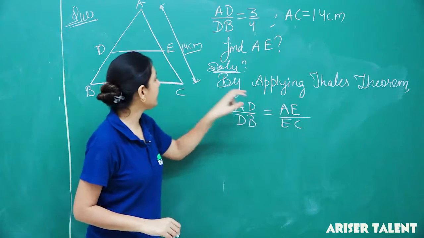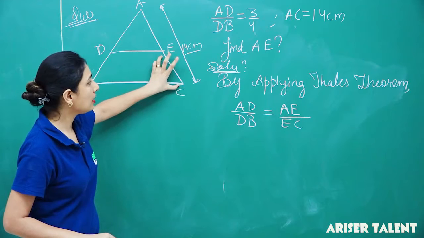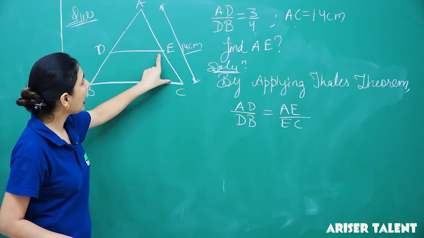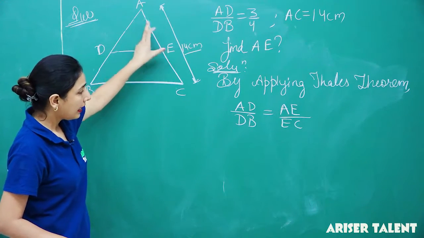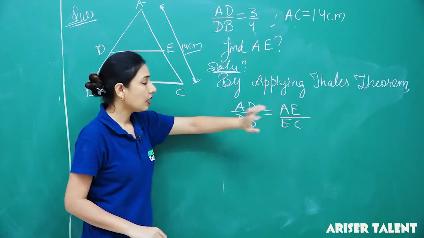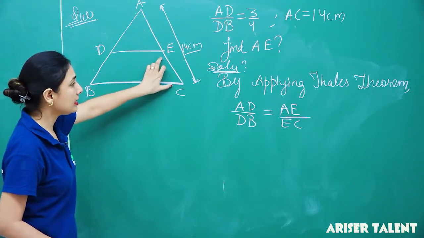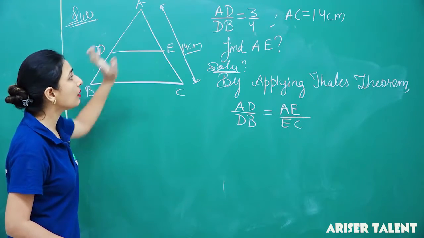Now you can write AE as AC minus EC, or you can write EC as AC minus AE. In the first method we would have AE in terms of EC, and in the second we would have EC in terms of AE.